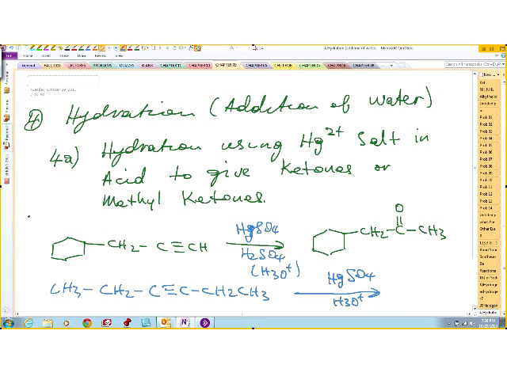In the case of an internal alkyne, any one of the carbons of the carbon-carbon triple bond could become the carbonyl of a ketone.